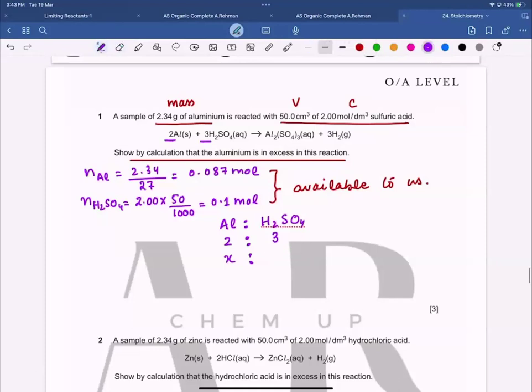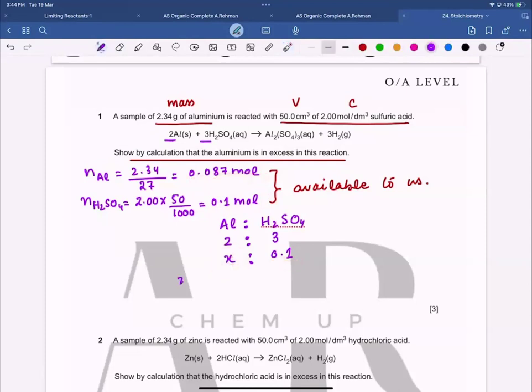So sulfuric acid, we have 0.1 moles. We have 0.087 moles of aluminium. Whatever amount of moles we get is the moles which are needed. If this amount comes lesser than the available one, that shows it's in excess.